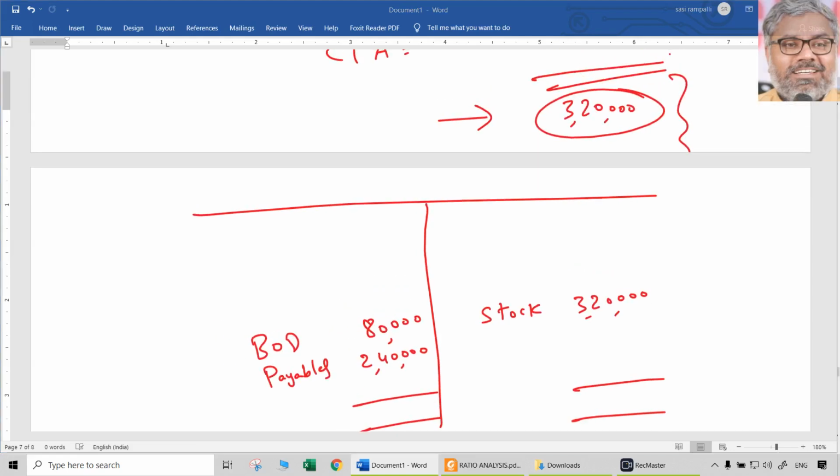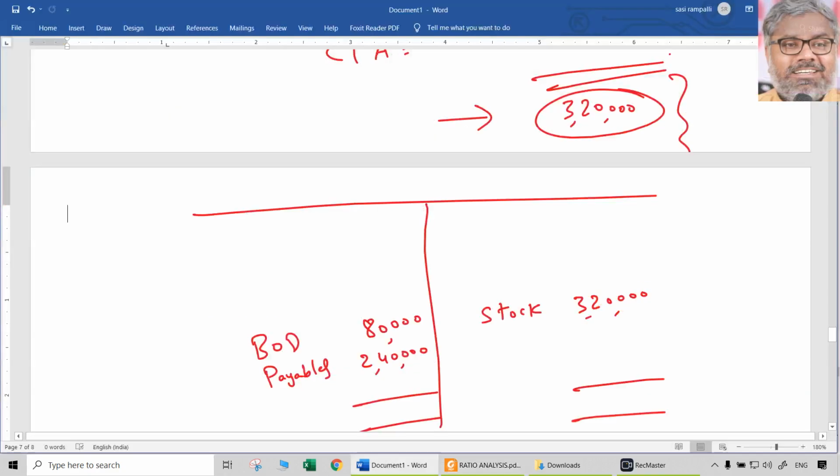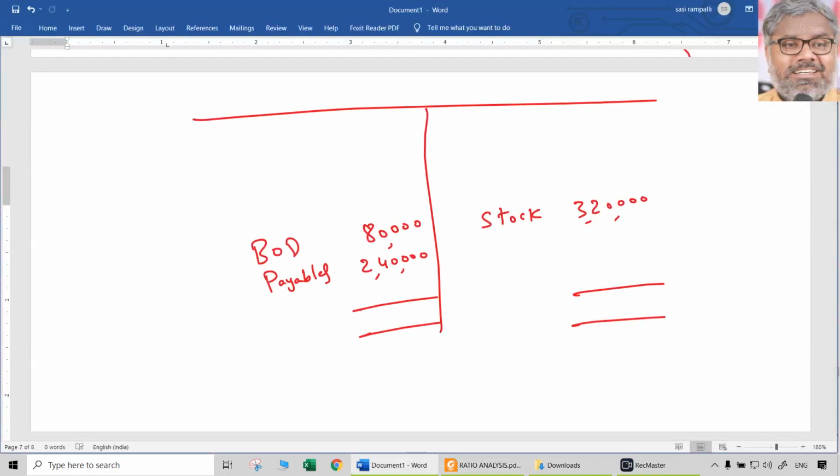That we know. Other current assets consist of cash and receivables, but we don't have any mechanism to find out cash separately or receivables separately, because no other data is given related to receivables. If something like sales data or debtors turnover ratio or debtors velocity, anything like that was given, then it would have been easier to find out those two details. Since we don't have it, we can just call them other current assets.